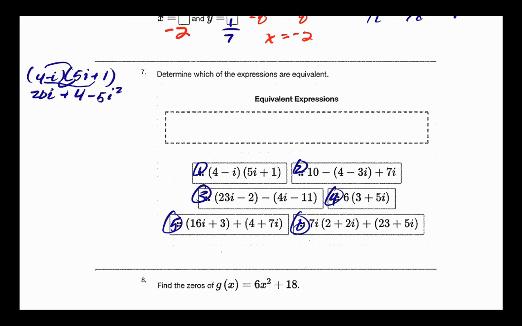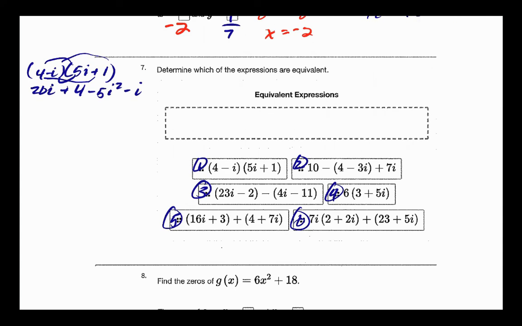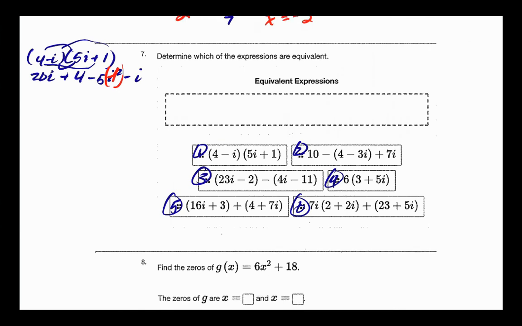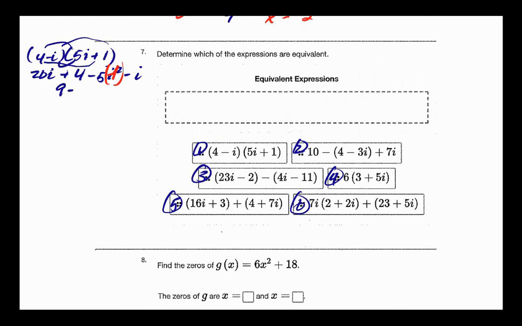And last terms are negative i. But i squared equals negative 1, people. Right? So this is now negative 1, which makes that a positive. So what I should have on this one, when I work it out, is 9 plus 19i. All right? So that's for number 1.